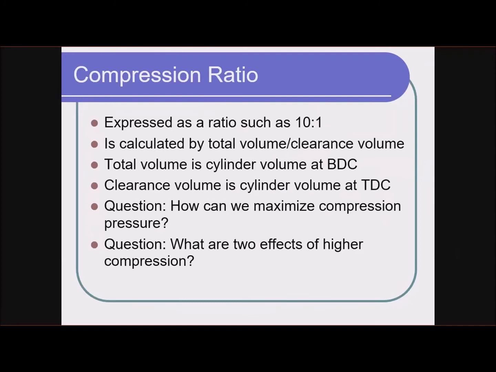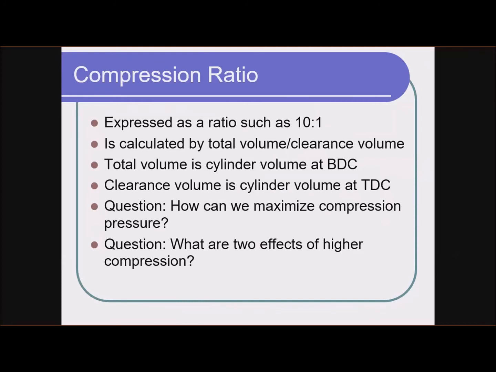Anything we can do to make the engine breathe better will increase compression pressure. How about a bigger throttle body? How about the design of the intake manifold, the design of the intake valves, the size of the intake valves, the number of intake valves, the lobe lift, the duration, and all that kind of stuff that we talked about before.